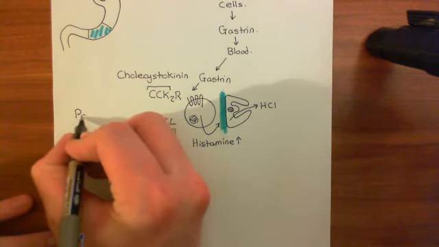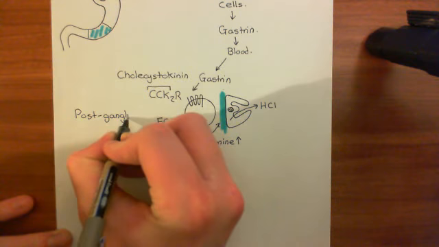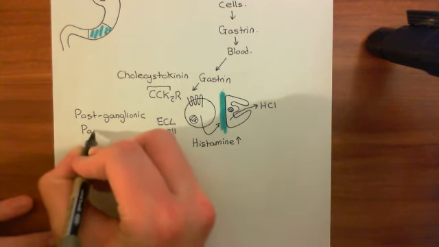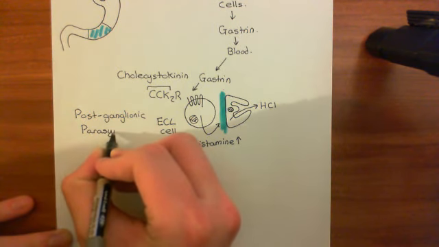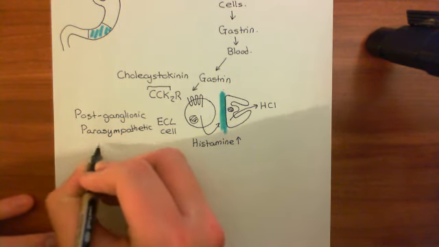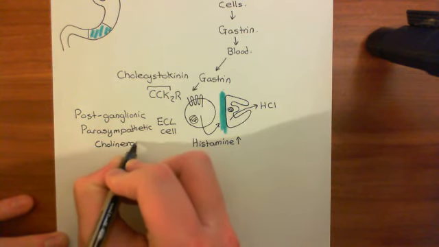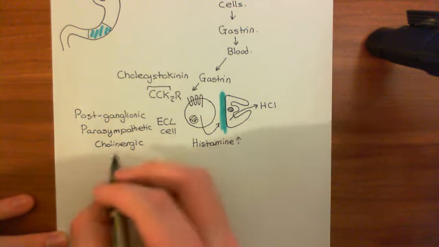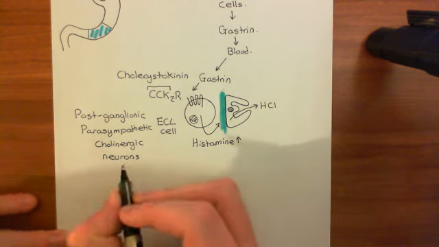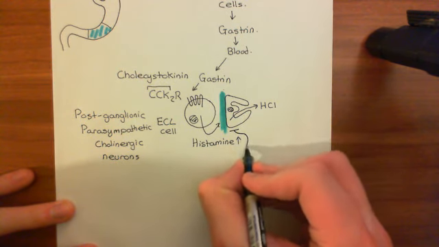Okay, so basically we are going to get innervation of these parietal cells by postganglionic parasympathetic, and then another big word, cholinergic neurons. Okay, so postganglionic parasympathetic cholinergic neurons. And basically, when you eat a meal, these postganglionic parasympathetic cholinergic neurons will become active, and they innervate the parietal cells.